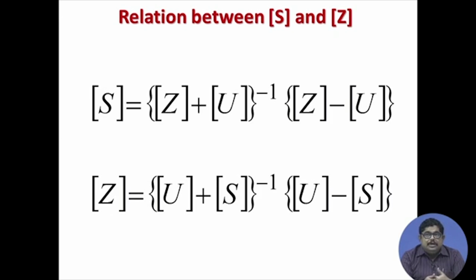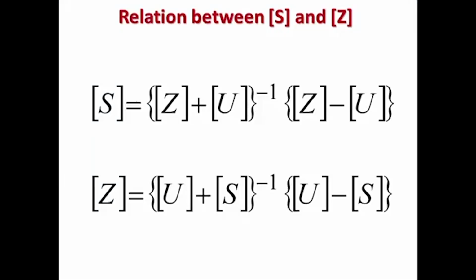So, these two relations help, and once you know Z, there are relations between Z and Y. So, if I know Z, I can go to Y. Also, there are relations between Z and H. So, if I know Z, I can go to H. Also, there are relations between Z and ABCD. So, if I know Z, I can go to ABCD. So, with these, you can go from one to others.